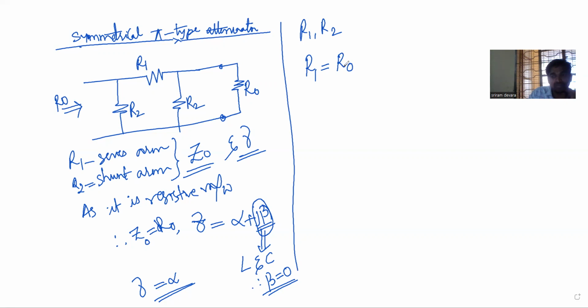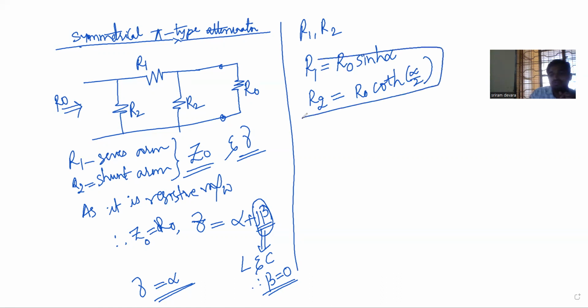R1 in terms of hyperbolic functions is R0 sinh alpha, and R2 is equal to R0 coth alpha by 2. These two are important, so you need to remember these two.